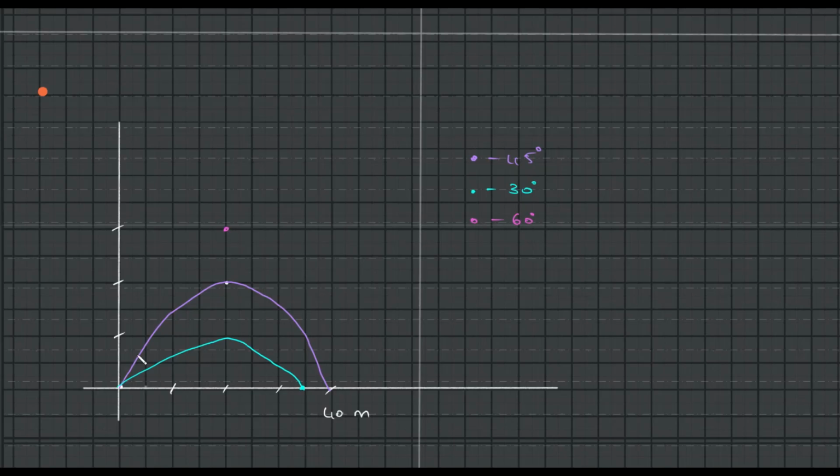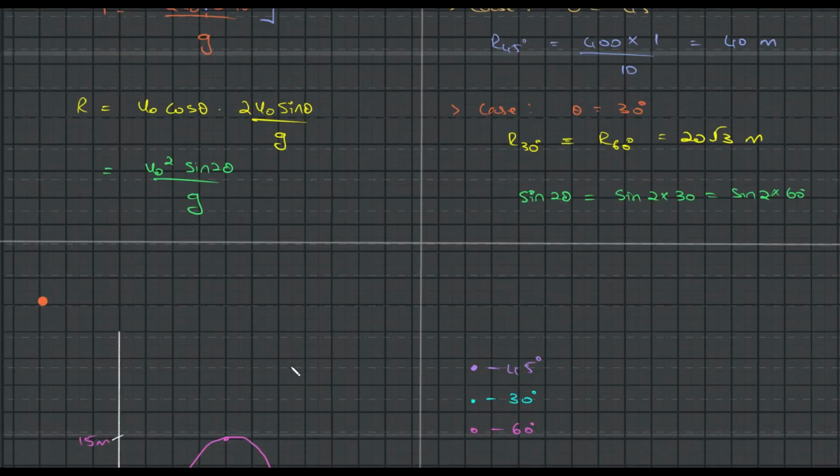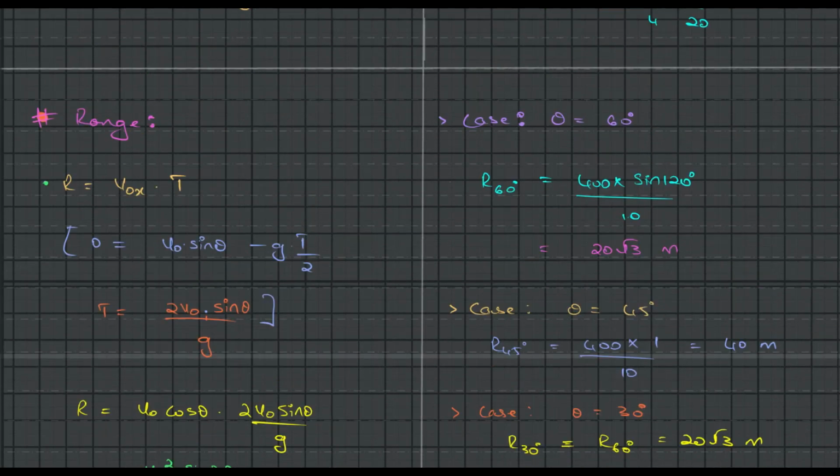So here, but reaching the same point as 30. Okay, guys. So this is approximately 34 meters. This is 5 meters, 10 meters, 15 meters. That's it. Okay. And yeah, you can have a look.